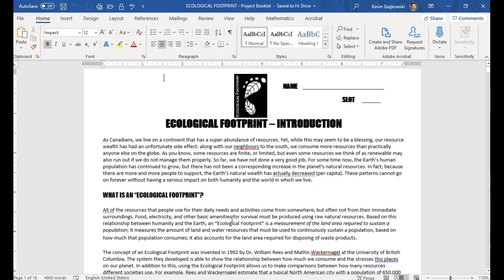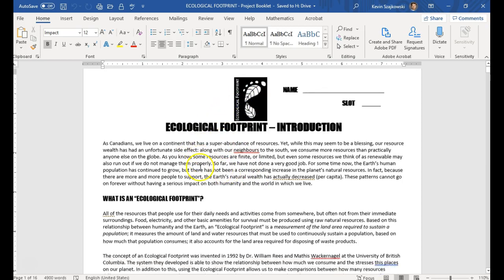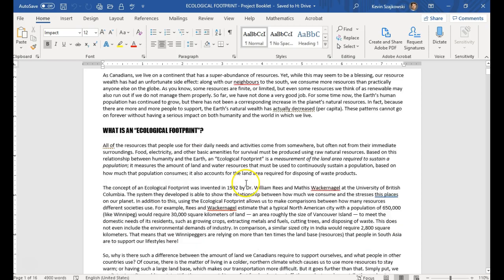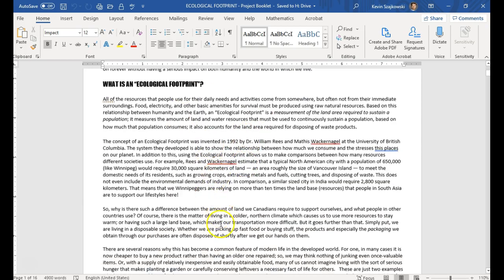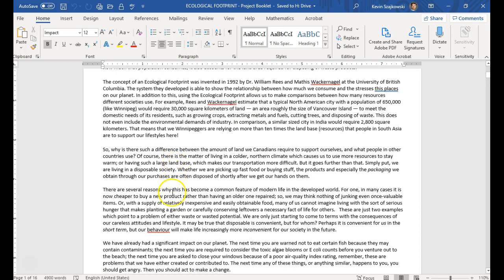Okay, what I'm asking you to do, and this is where I need you to take special care, because this was not written into the email, is I'm now going to explain what to do in the next few days. Step number 1 with this booklet is I want you to read this first page very carefully, and highlight any important sentences or phrases, things, for example, that are italicized, that you think explain what an ecological footprint is, or why it's important, or how it's used.